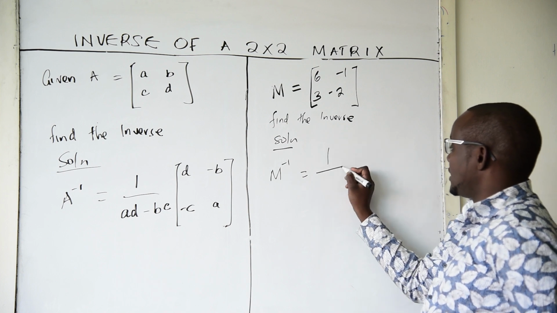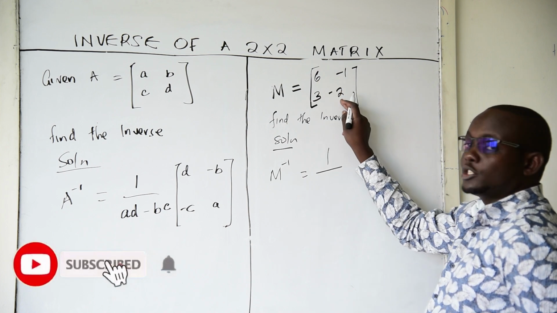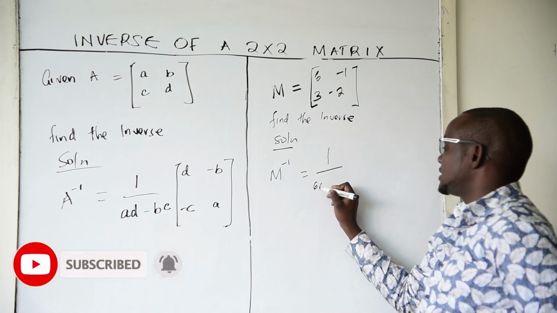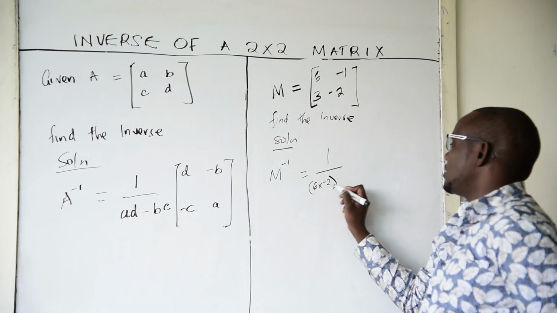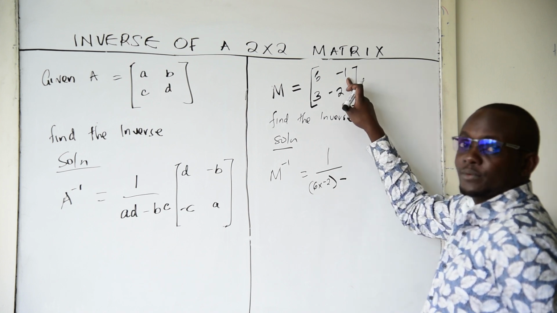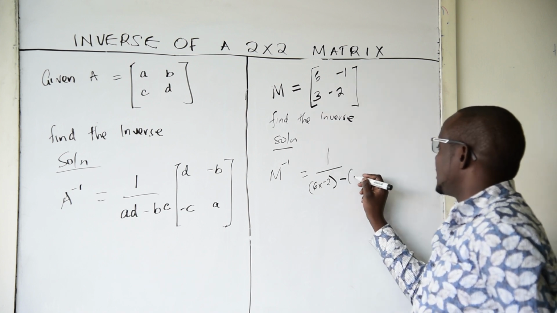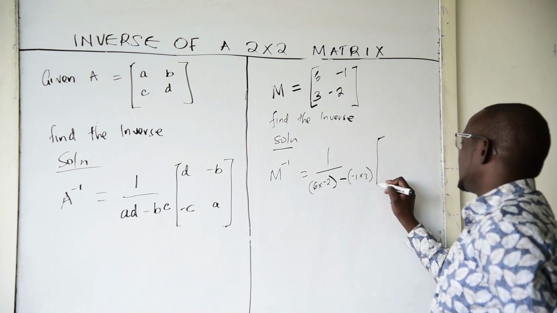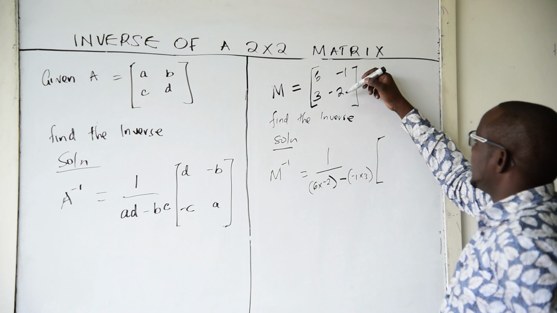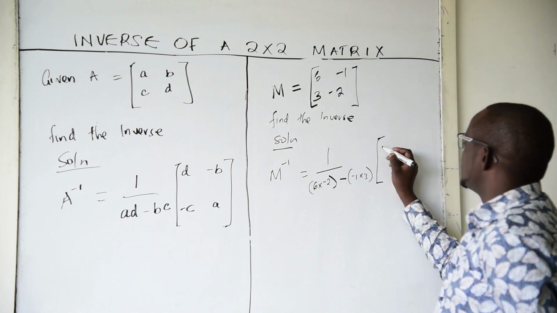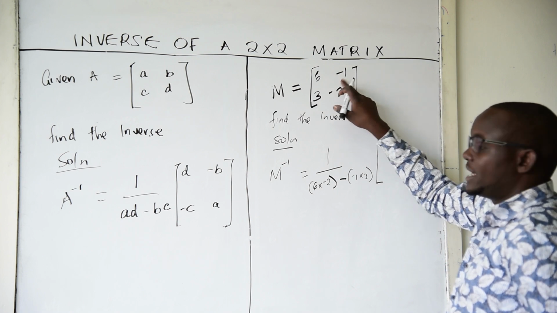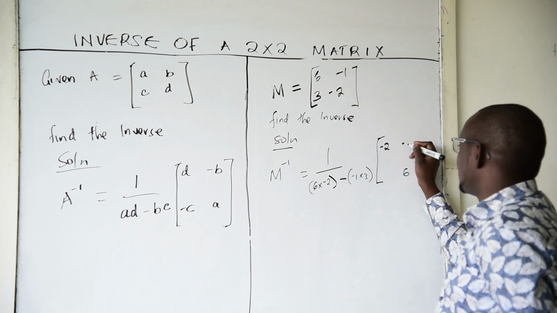To get the determinant, 1 over the determinant, we have 6 multiplied by negative 2 minus negative 1 multiplied by 3. Then you get the matrix: you interchange the 6 and negative 2, so we have negative 2, we have 6. You multiply the negative 1 with a negative, it becomes a positive 1.